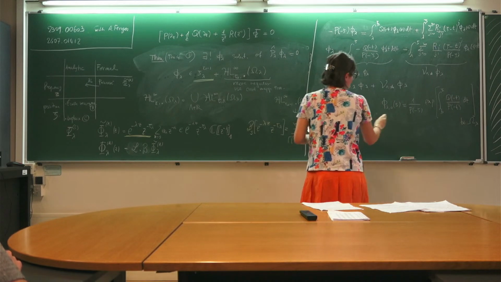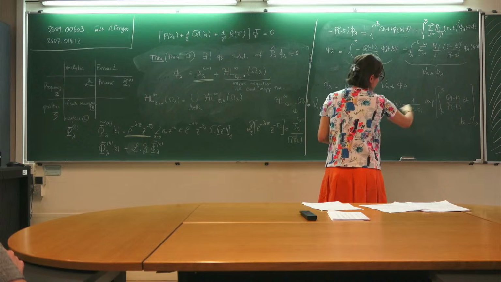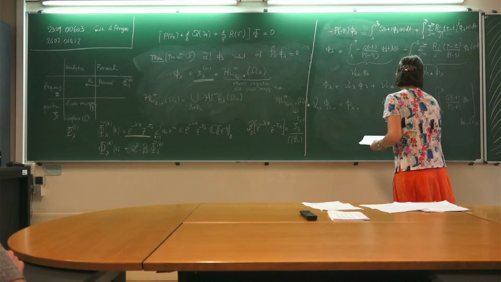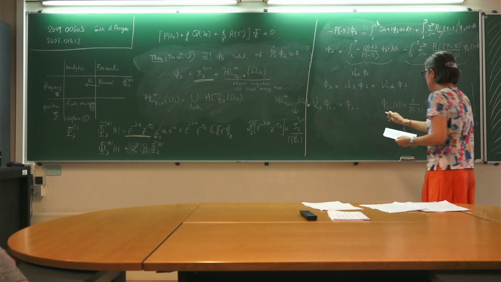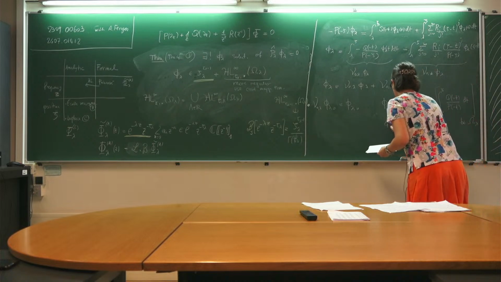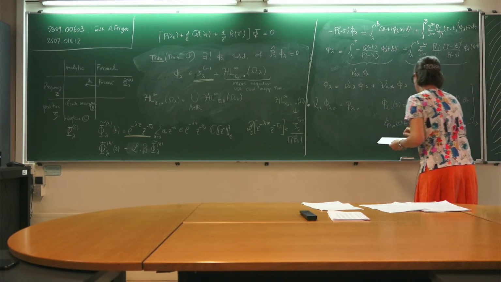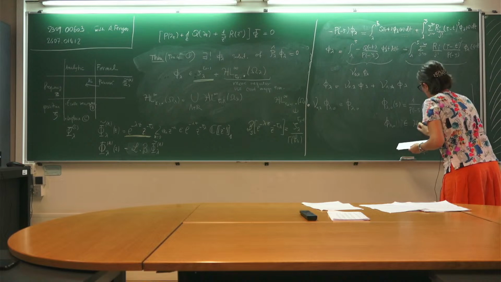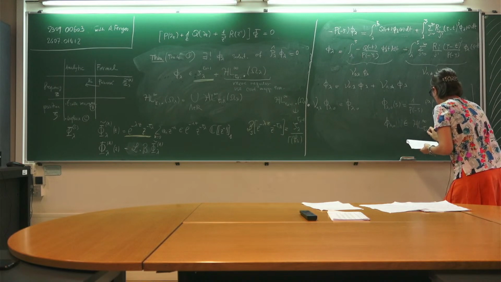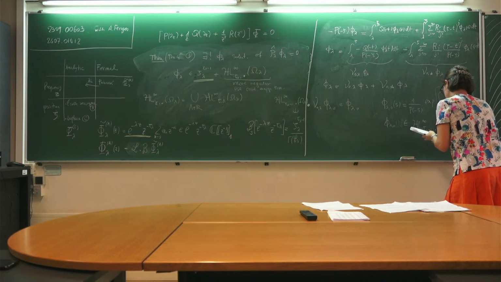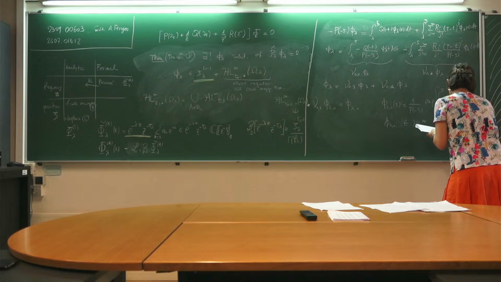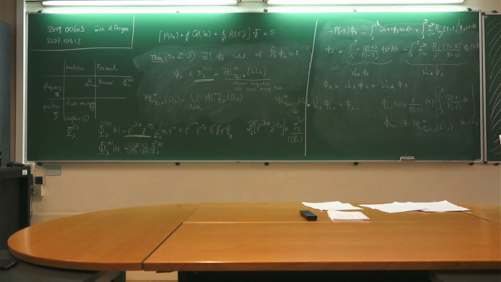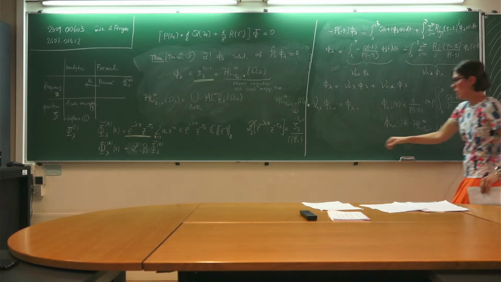This is the first thing, but the advantage of writing the solution in this way is that you can prove that this phi lambda 0 belongs to the space tau lambda minus 1. So it is the more singular one.